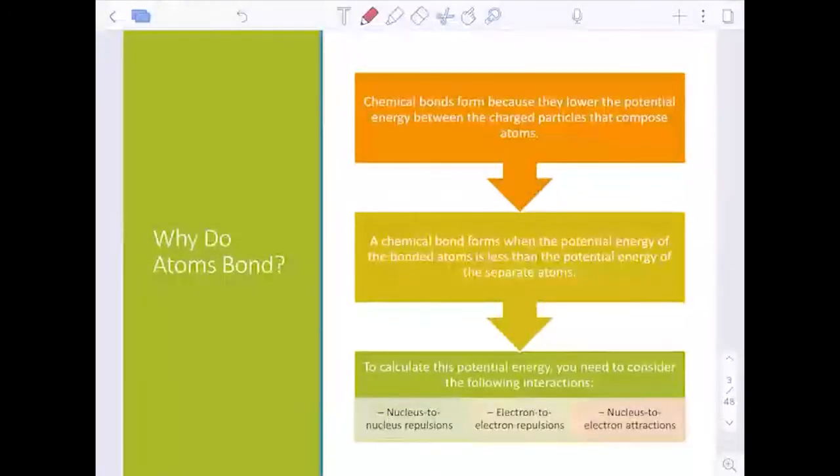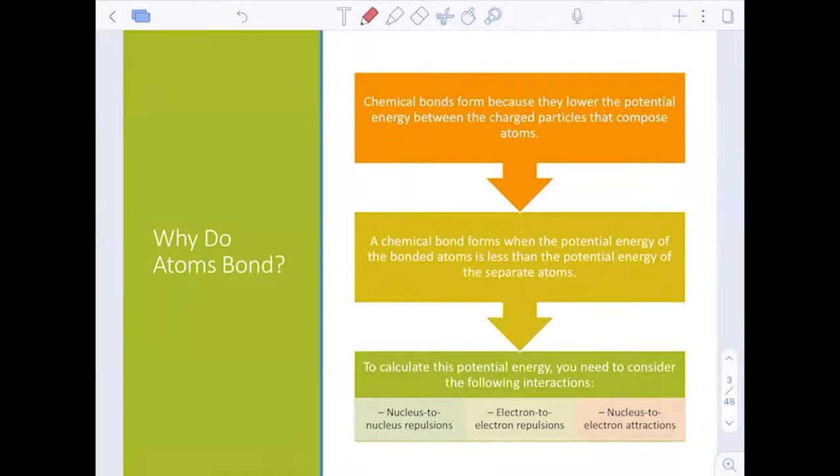So why do atoms bond? This is one of the major ideas behind chemistry. Chemical bonds form because they lower the potential energy between charged particles that compose the atoms. Now, if it's not an ionic compound, there are no charged particles. However, the same thing occurs.